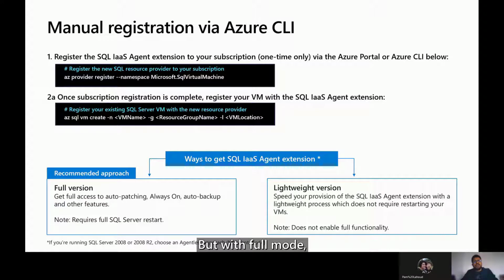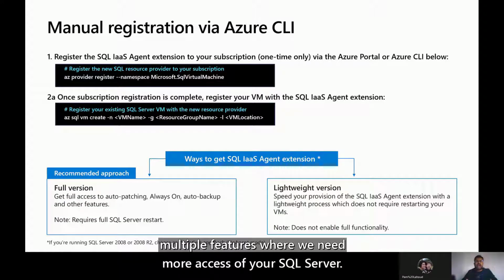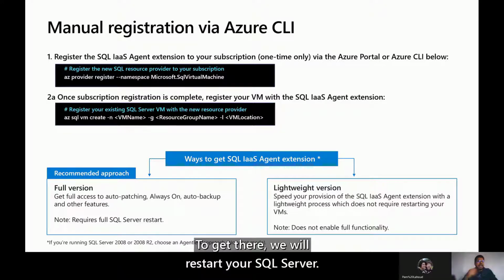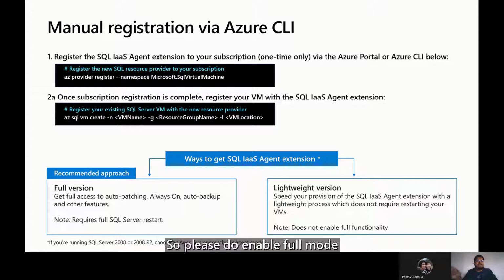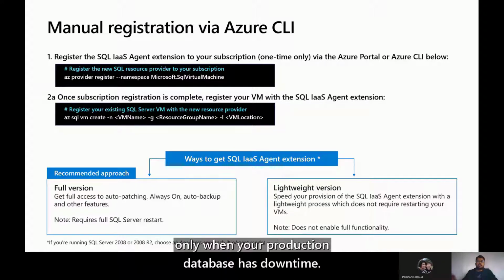But with full mode, you're going to get multiple features where we need more access to your SQL Server. To get there, we will restart your SQL Server. So please do enable full mode only when your production database has downtime. But by default, we are going to enable lightweight mode on your machines.